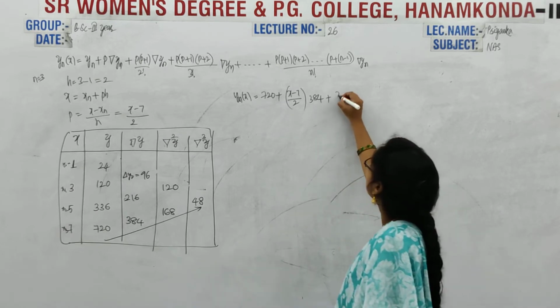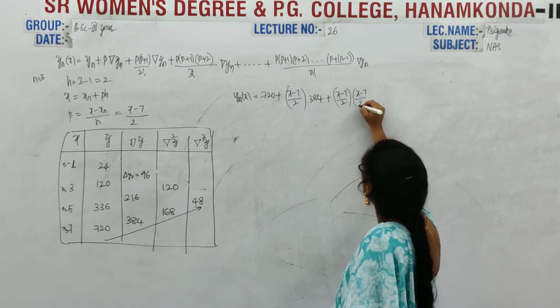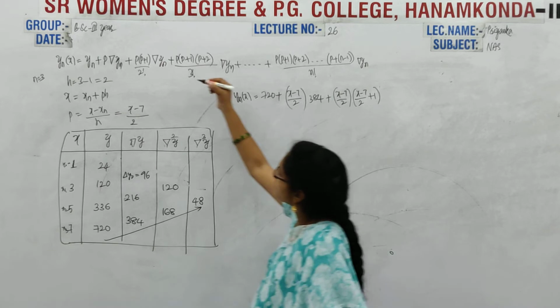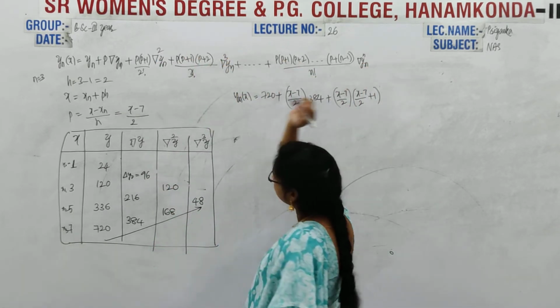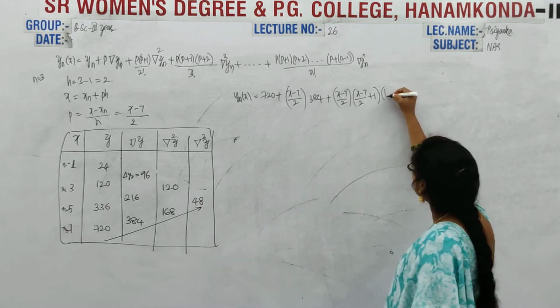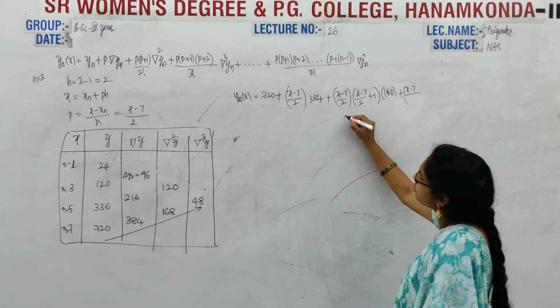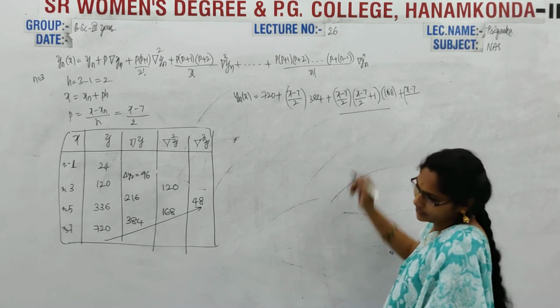What is p here? p into p plus 1 into grad square yn, this is square and this is cube power n. Square is 168, plus p into, and of course here we have that whole divided by 2 factorial.